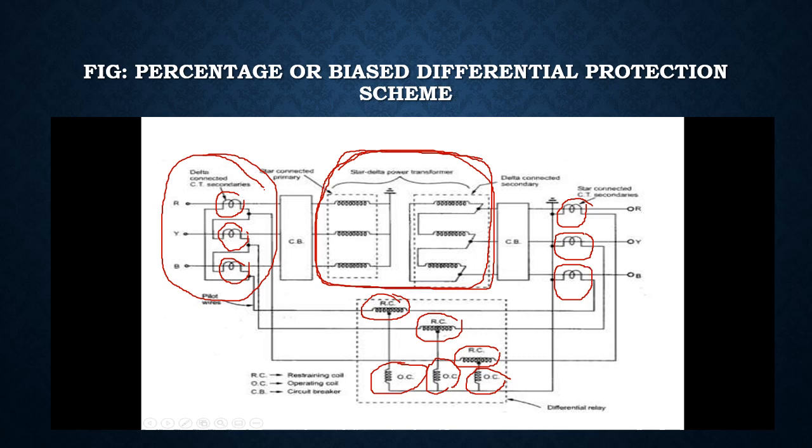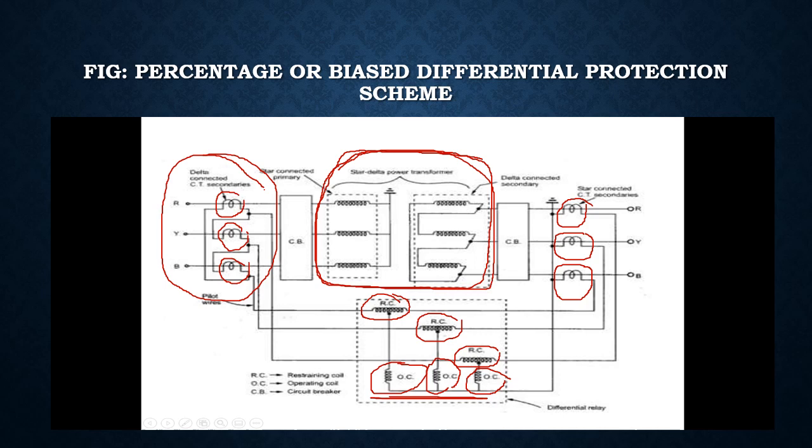During normal working condition the secondaries of CTs have equal currents, therefore no differential current will flow through the operating coils. Then the relay does not operate.